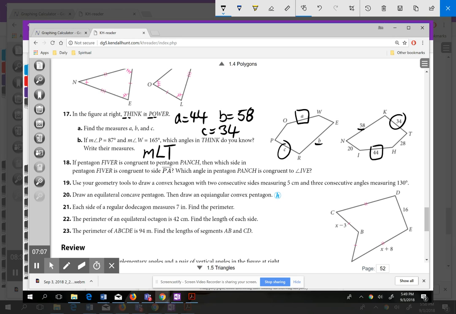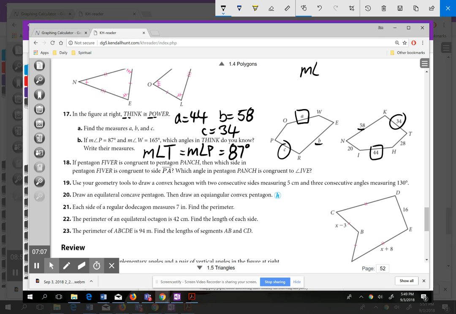So angle P is going to be congruent to angle T. So the measure of angle T will equal the measure of angle P, which is equal to 87 degrees. And then similarly with the W, I'll just do it over here.